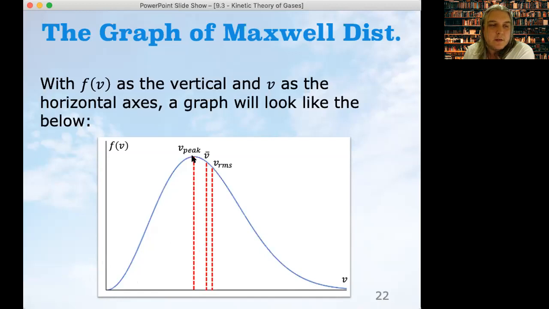So we have the peak, which is at the peak of our graph, and that's the most probable, most likely velocity of any particle. This is the average velocity of all the particles, and this is the root mean square velocity of all the particles. So they're all a bit different, and they all have different meanings and different uses. But you need to recognize this shape.